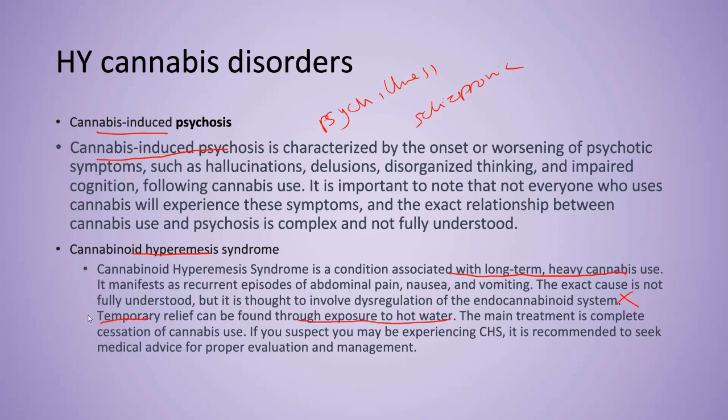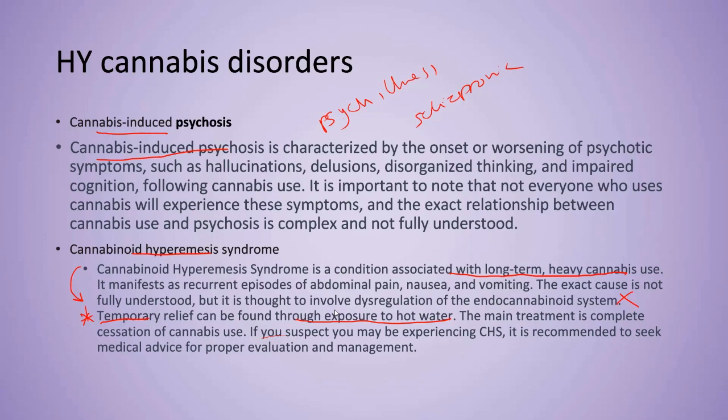It's a very odd point, but remember it. A question stem might describe someone who is vomiting and smokes pot, using marijuana, and say there's some relief with exposure to water. The main treatment is to completely stop use of cannabis. So these are two diseases that you guys should remember. I've seen them in question banks.